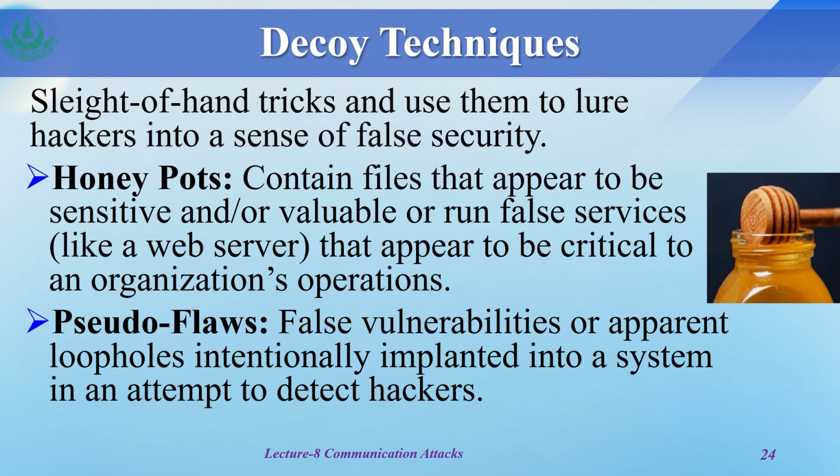Honeypots contain files that appear to be sensitive or valuable, or run false services like web servers that appear to be critical to an organization's operations. The second is pseudo flaws. These are false vulnerabilities, apparent loopholes intentionally implanted into a system in an attempt to detect hackers.